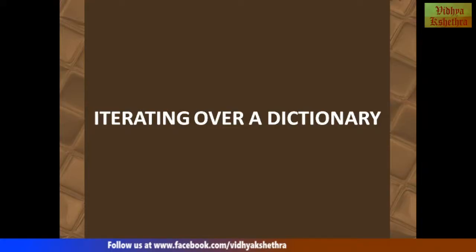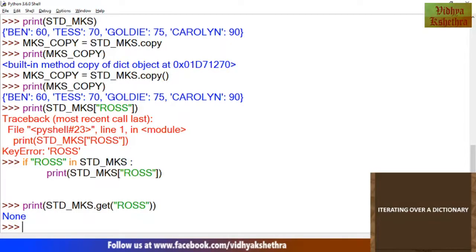Now next is iterating over a dictionary. We can iterate over a dictionary by using the for loop.